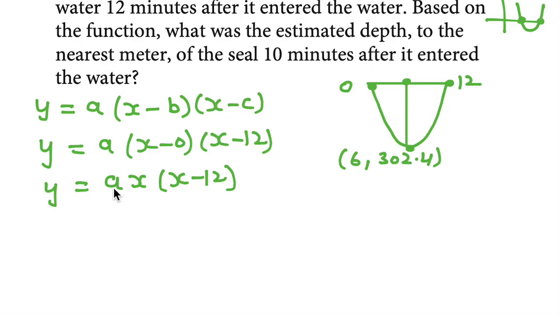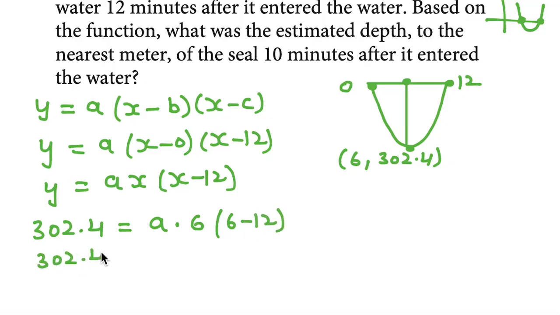Okay, for that, what if I have one value of x and y so that I can plug it here and calculate the value of a? Okay, let's do that. So y is 302.4. We have this coordinate, is equal to a times 6 times 6 minus 12. 302.4 is equal to a times 6 times negative 6.